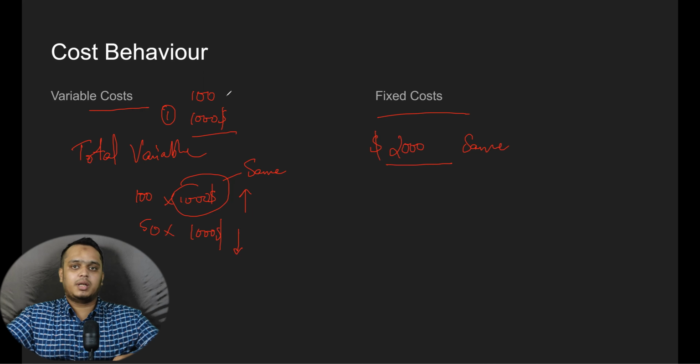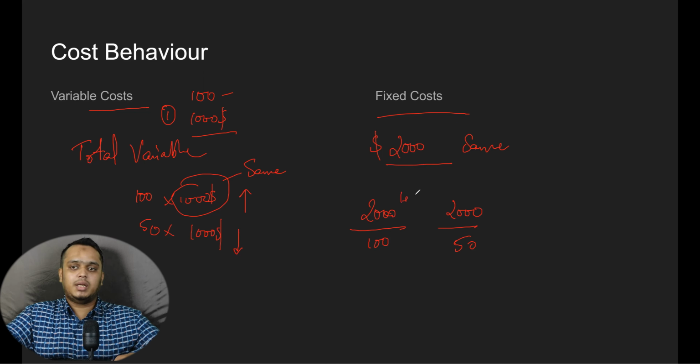Whereas, suppose I'm ordering 100 units, what would be my per unit fixed cost? It will be 2,000 divided by 100. If I'm ordering 50 only, then it is 2,000 divided by 50.